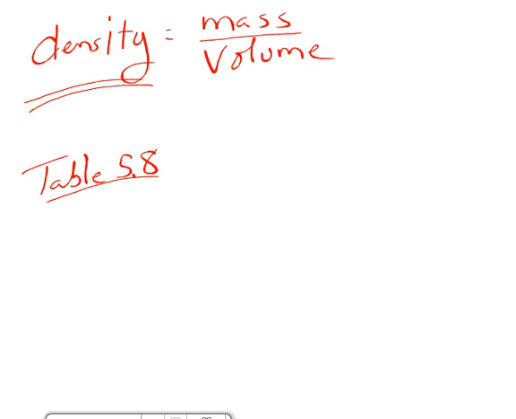So table 5.8 in your textbook lists the densities of lots of common things. Gas densities are really, really low, right?